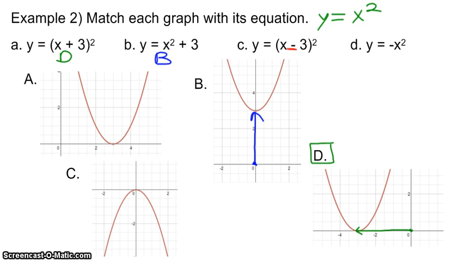Of the 2 graphs we still have left, either graph A or graph C, which is moving right 3 units? Graph A is moving 3 units right from the origin. So C goes with graph A.